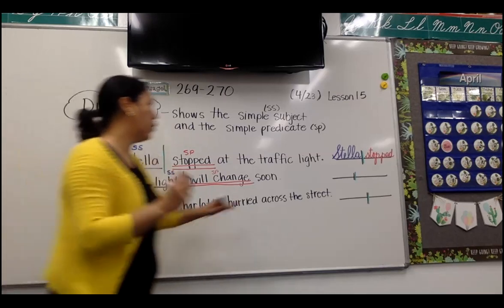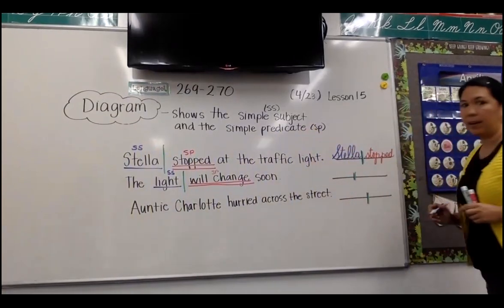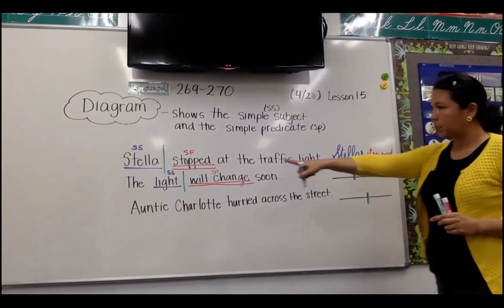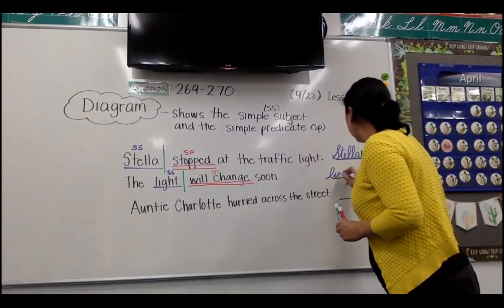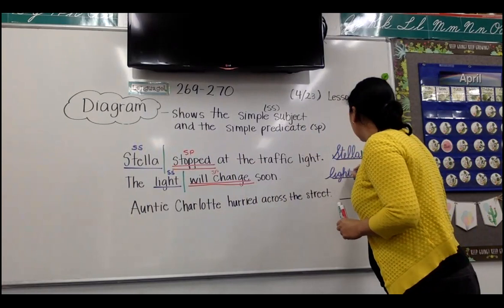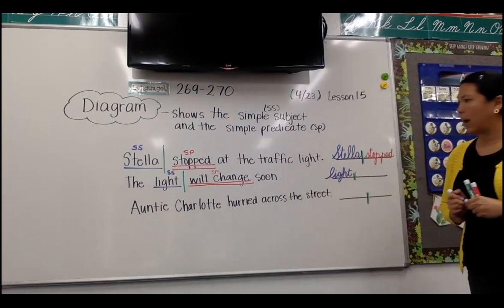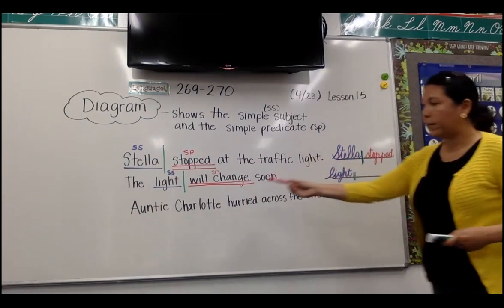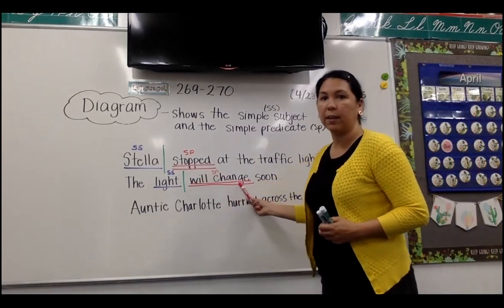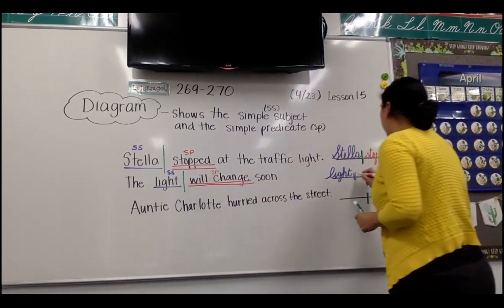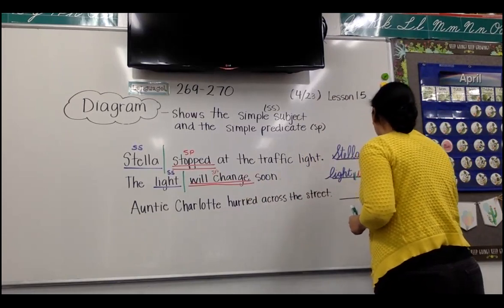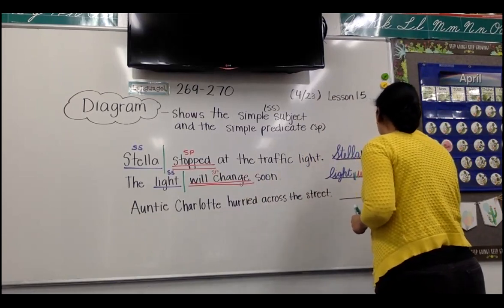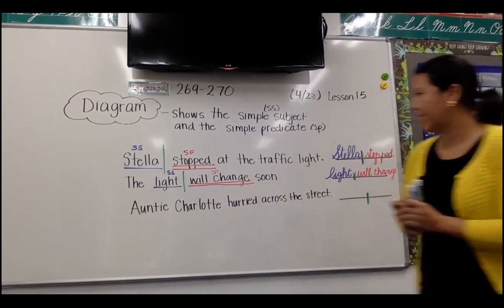So then over here, going to my diagram line, my simple subject is light, so that goes on my first line. And what is my simple predicate? Ooh, I've got two words, will change. So I'm going to write both of those on my line right next to each other. Light, will change. Okay, let's look at our next sentence.